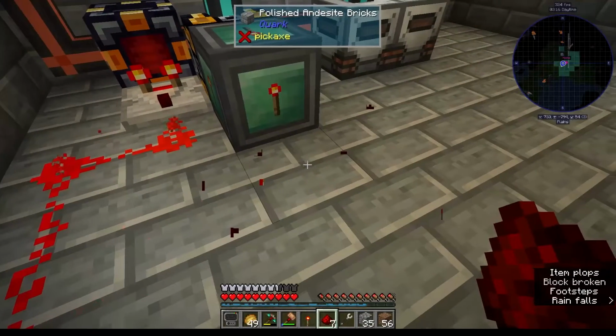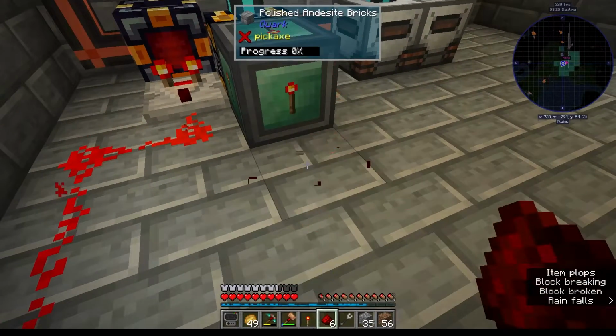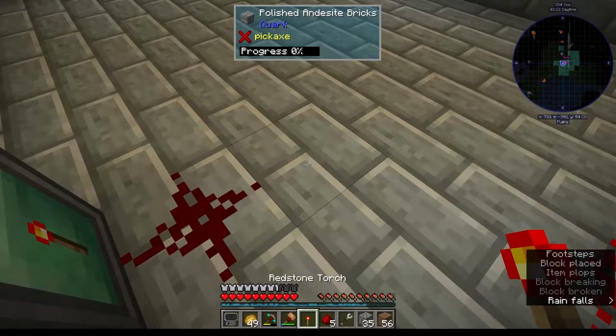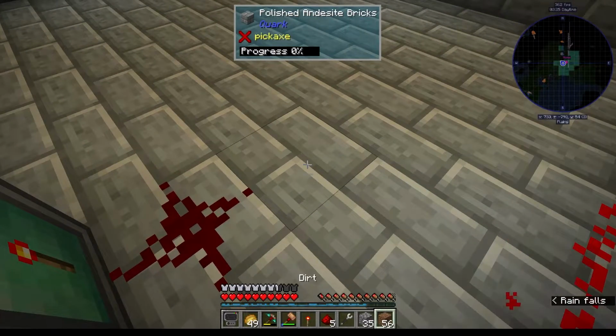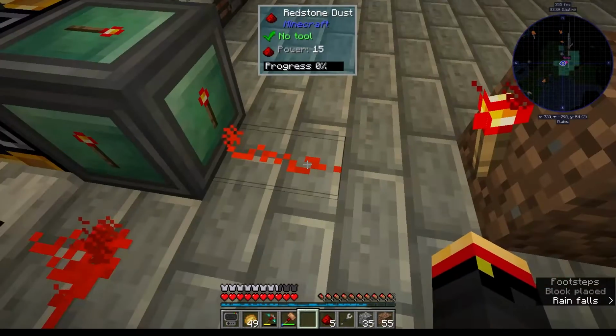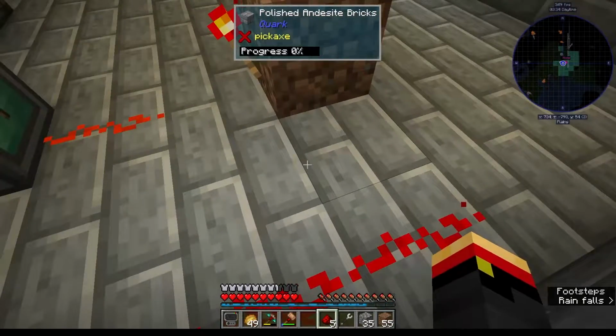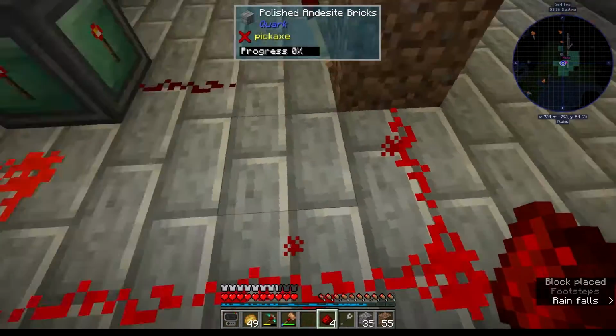Right. Okay, so my thought is that what we would do is have a block with a redstone torch, and this becomes a NOT gate. So we go into here.